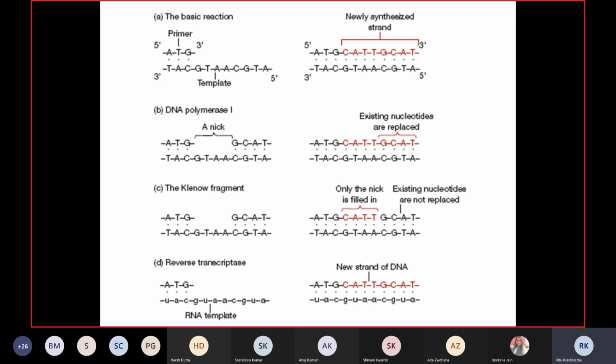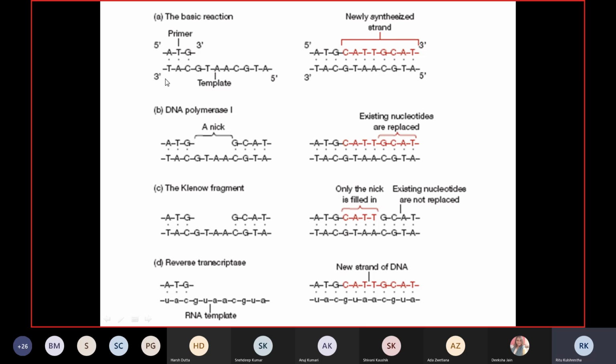Okay, so in case of DNA dependent DNA polymerase, what it requires is the DNA as the template. Because DNA polymerases cannot polymerize de novo, they always require a 3' OH group to polymerize the various nucleotides which are corresponding to these template nucleotides.